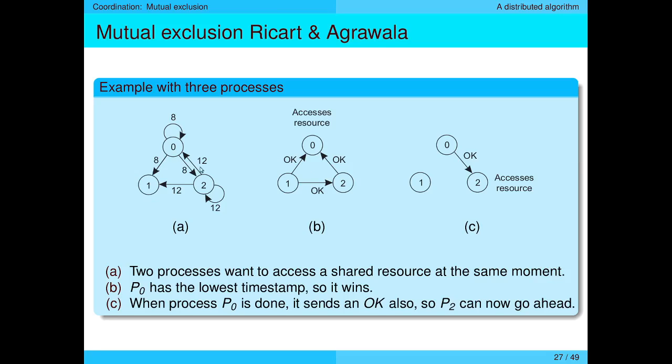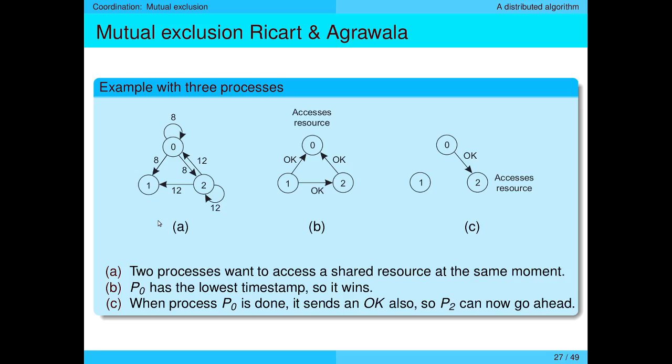Suppose you have these three processes 0, 1, 2. Now two processes want to access a shared resource at the same moment.